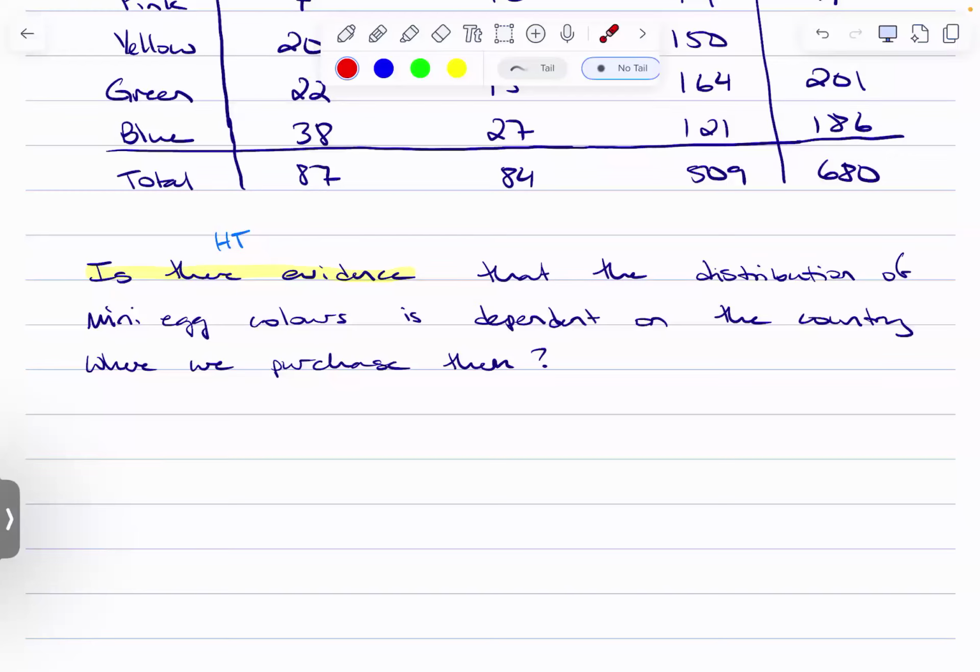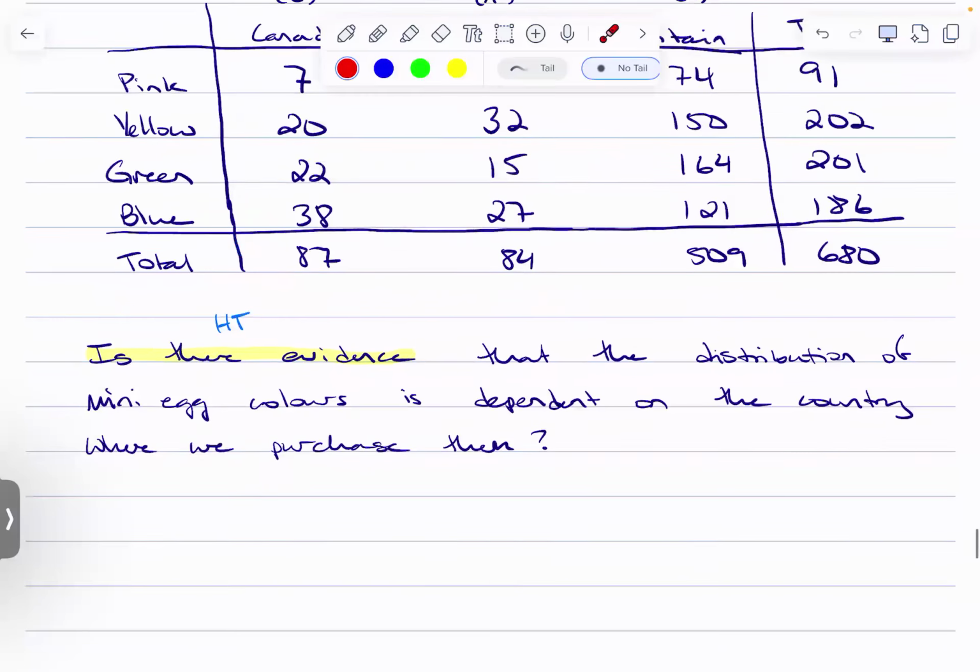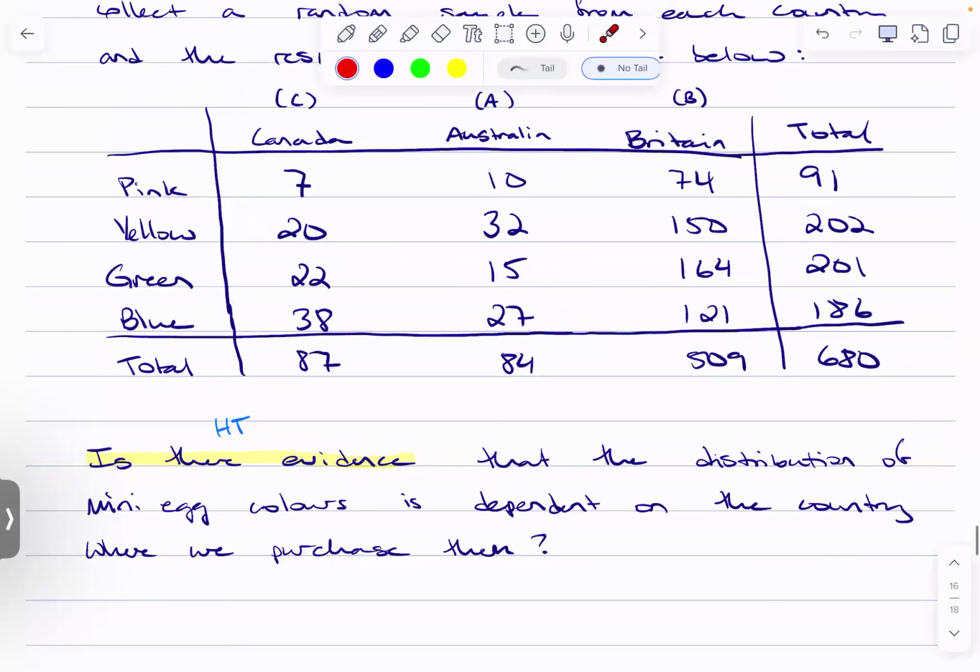So is there evidence that the distribution of mini egg colors is dependent on the country where we purchase them? So I have a contingency table, right? Hey, contingency table here. And if I want to talk about dependence versus independence, then I need to do a chi-squared test of independence.